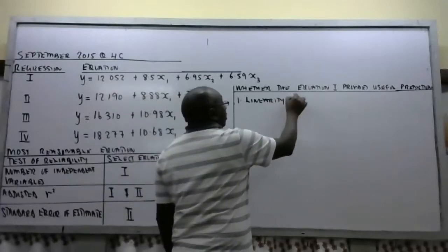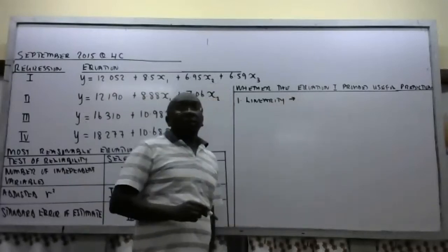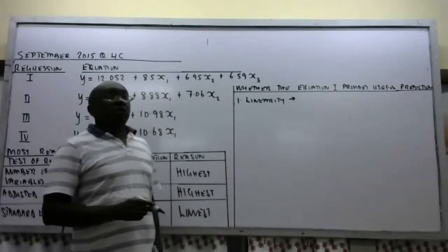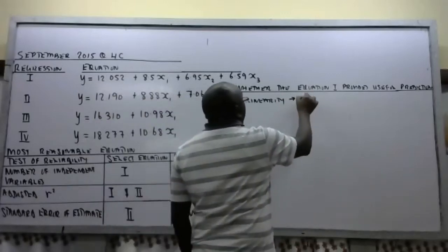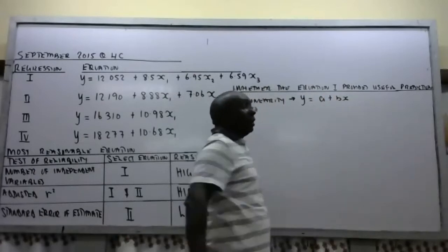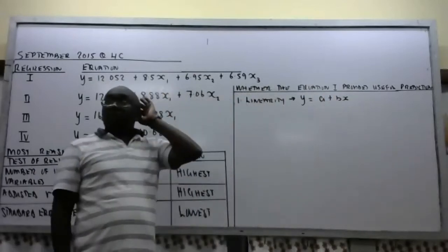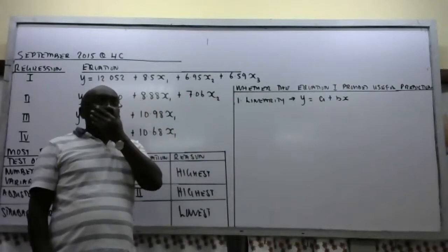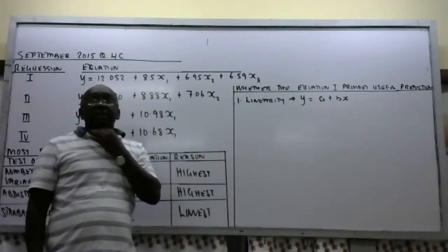Maybe we can explain a little. The equation is of the form y equals a plus bx.